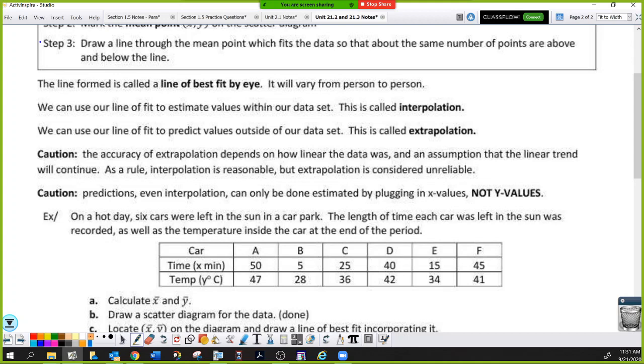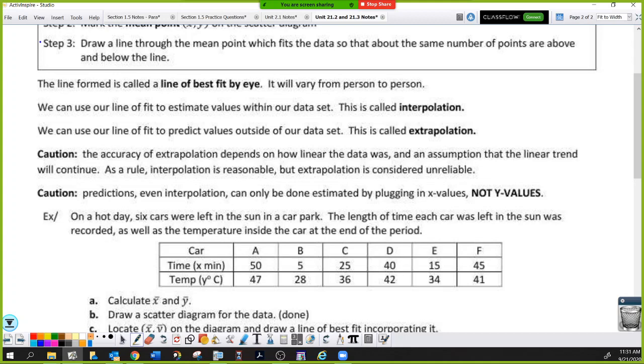Now, you can use your line of fit and plug in an x value that's outside of the range to estimate a y value, like say you were trying to predict the future or something. But this is called extrapolation. And by definition, extrapolation is not considered statistically viable.